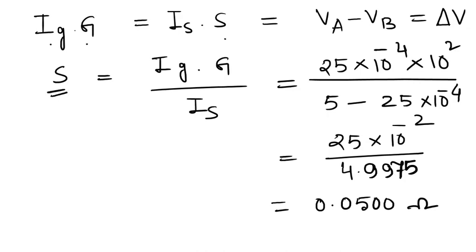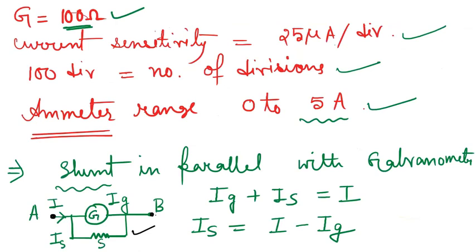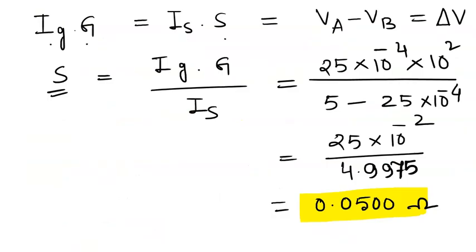Because the shunt is a small resistance, 0.0500 ohm. So this is the required shunt which can be connected in parallel to the galvanometer so that an ammeter of range 0 to 5 ampere can be formed. This is the concept of this numerical, and the value of the shunt is 0.0500 ohm.